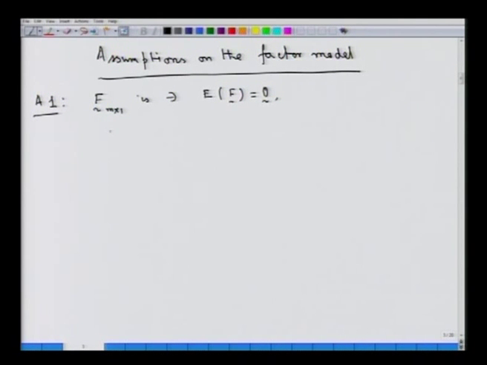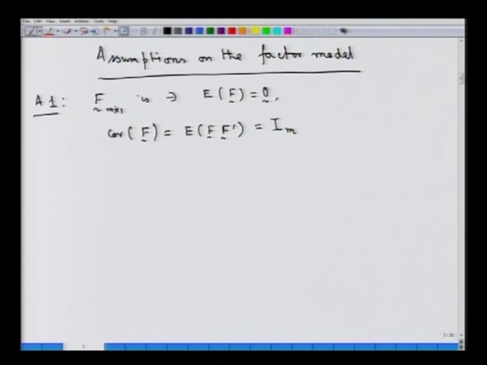We also assume that the covariance matrix of this f vector, which, since the expectation of the f vector is a null vector, is equal to the expectation of f f transpose, is equal to an identity matrix of order m. Thus, we have these unobservable random vectors satisfying this condition, that is, they are not only independent, they are uncorrelated random variables, and they have identical variances.